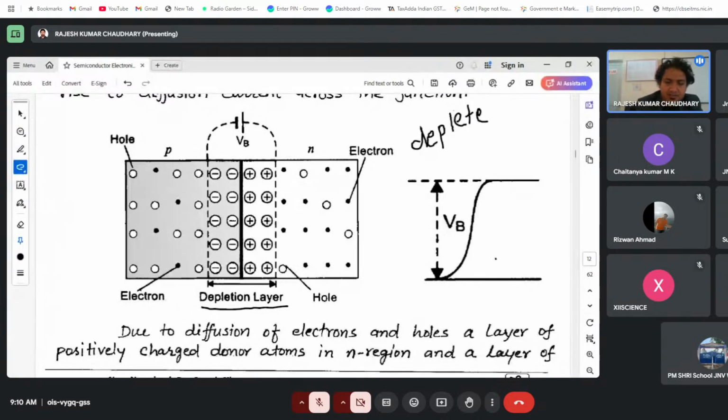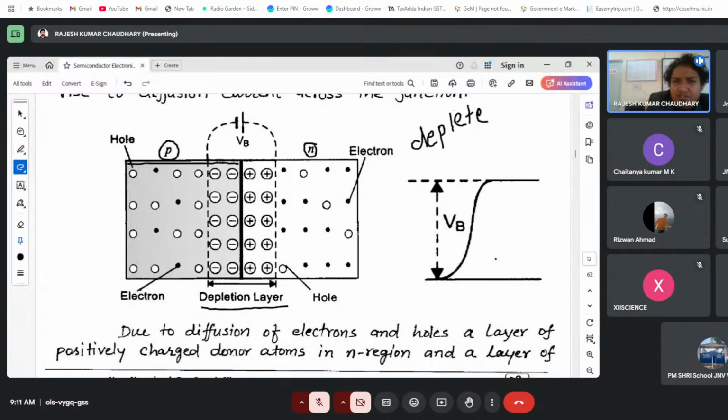Got it? Now one more thing is that earlier, even though p-type semiconductor has holes as majority charge carriers, still if you talk about the net charge of the p side, it will be neutral. And if you talk about the net charge of n-type, it again will be neutral.